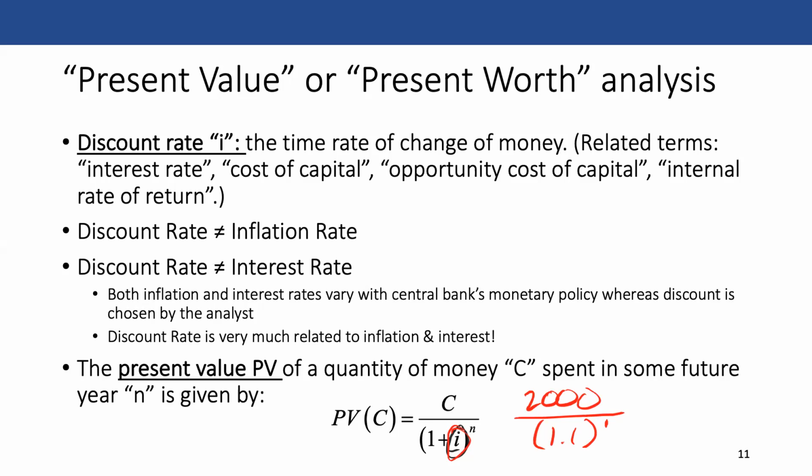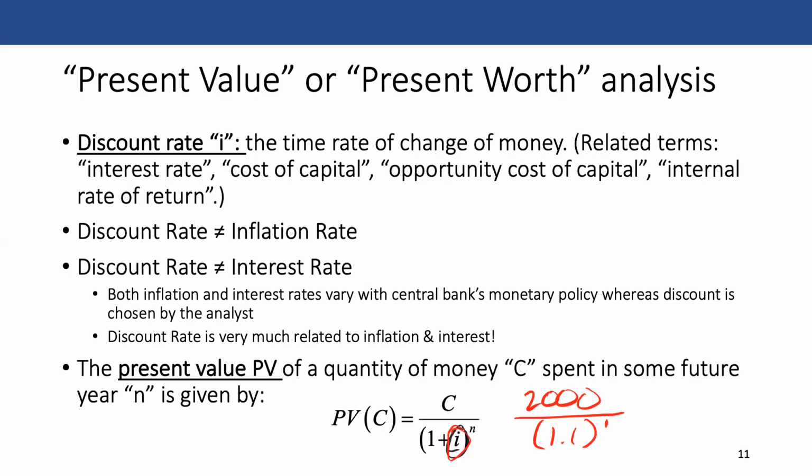So oftentimes you'll see equations, even if you're not looking specifically at these lecture notes, you'll find equations for present value and future value. Just remember the best way to remember this type of equation. You don't need to memorize this thing, but future money is worth less.